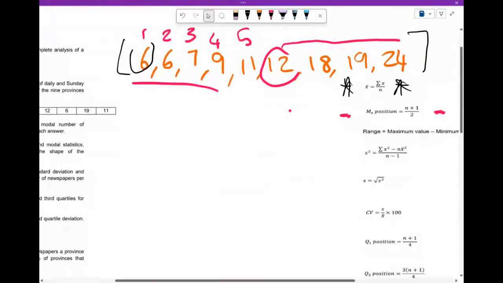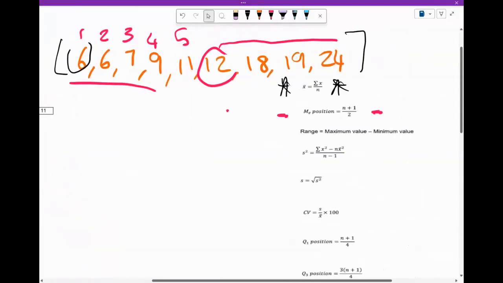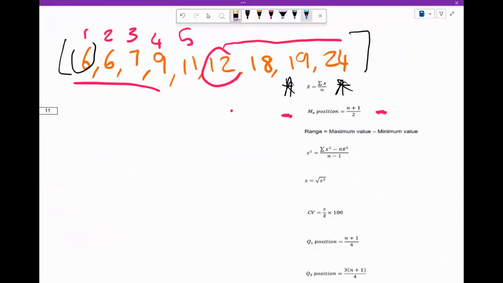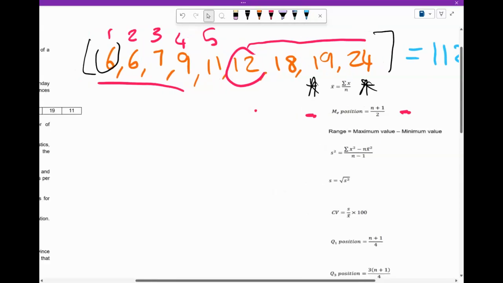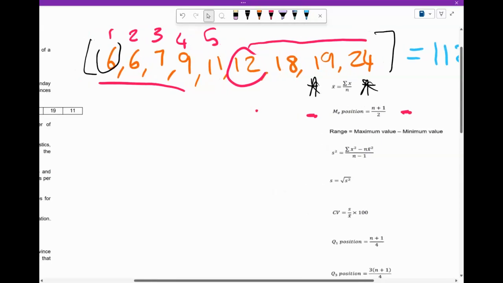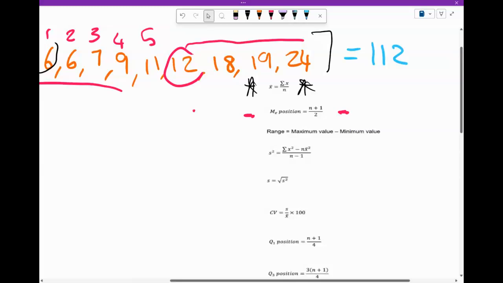Okay, so when we calculated the sum of x, this was equal to 112 if I'm not mistaken. So you square that, what do you get?